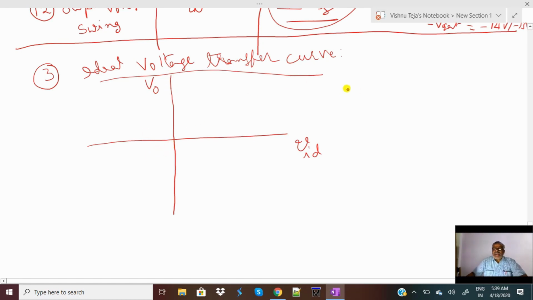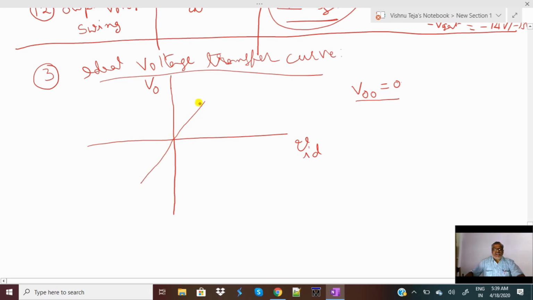Here we are assuming that the output offset voltage V0 is equal to 0. Otherwise, there will be a small offset in the characteristic curve. So if we assume the output offset voltage is 0, then the transfer curve will pass through the origin on both sides.